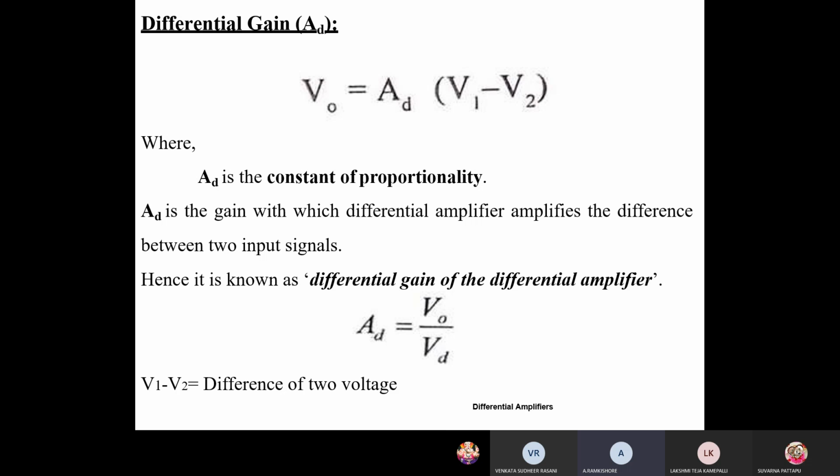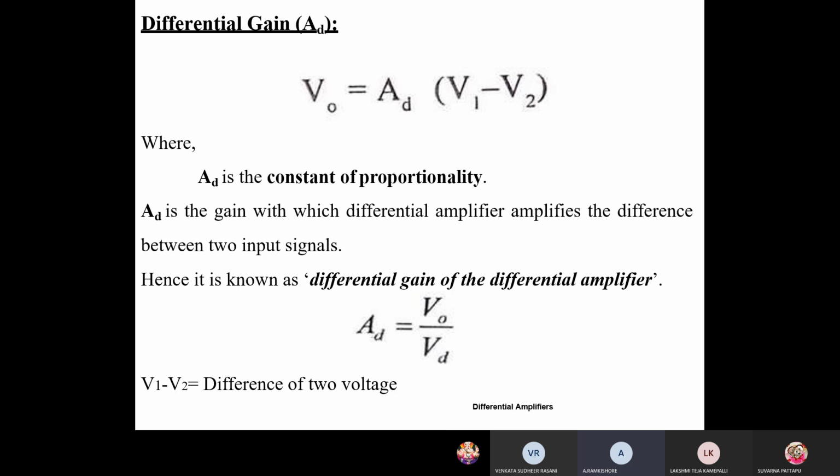To determine those values, we mainly use four categories: the dual input balanced output differential amplifier, the dual input unbalanced output differential amplifier, the single input balanced output differential amplifier, and the single input unbalanced output differential amplifier.